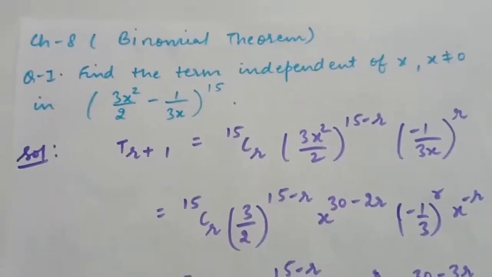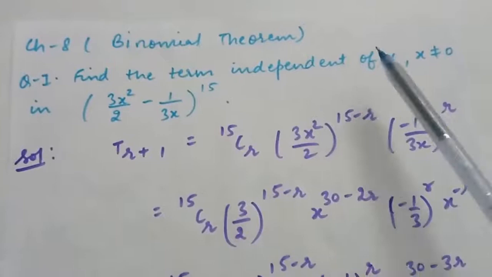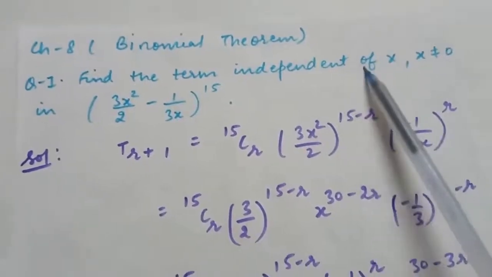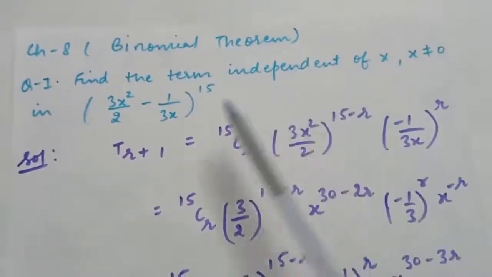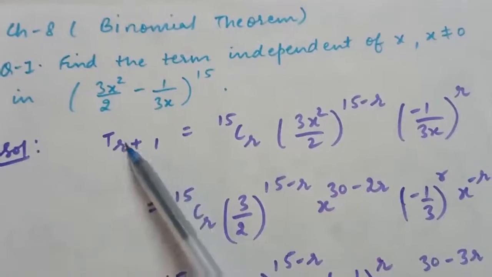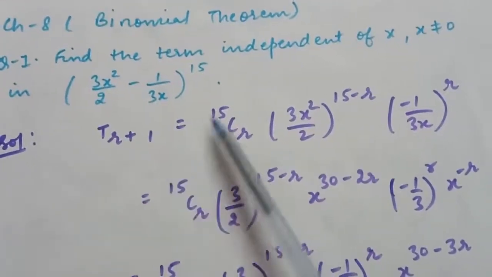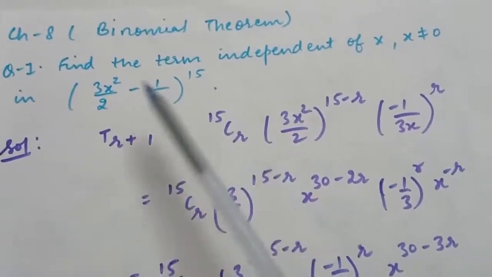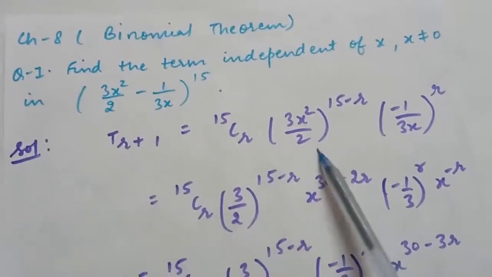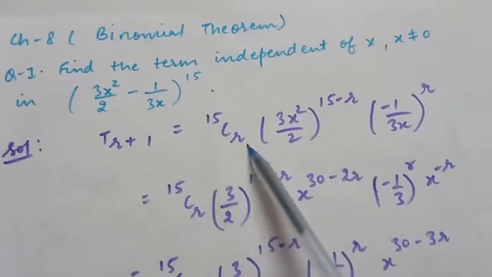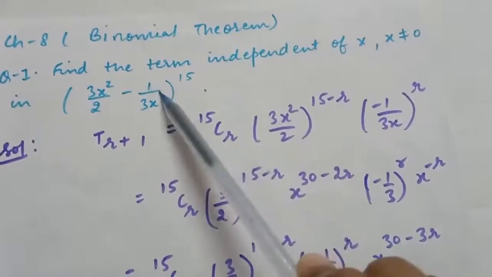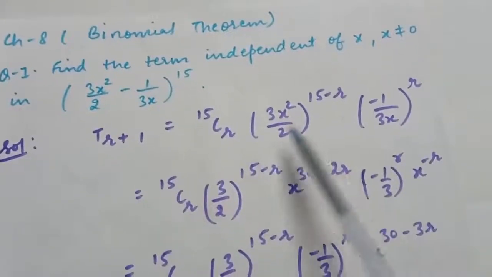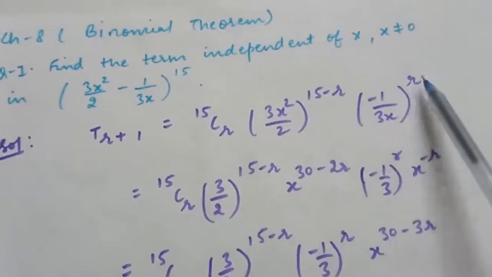We want to find out the term independent of x, that is the constant term. So first of all, find out the general term. General term will be T(r+1) = 15Cr (3x²/2)^(15−r) (−1/3x)^r, right?